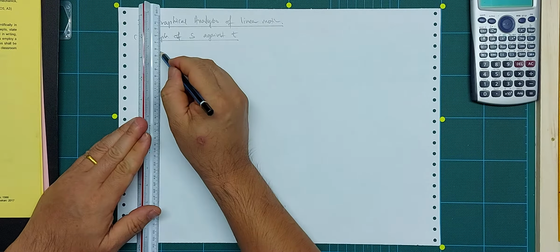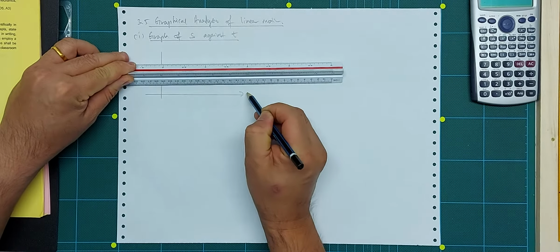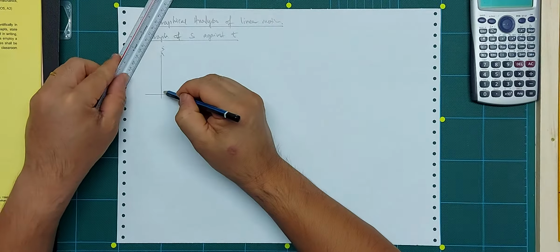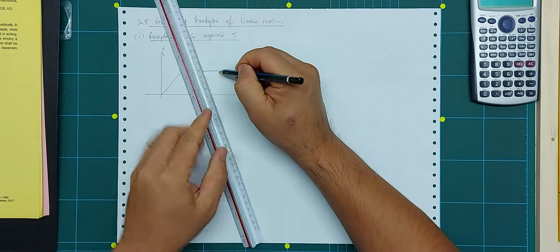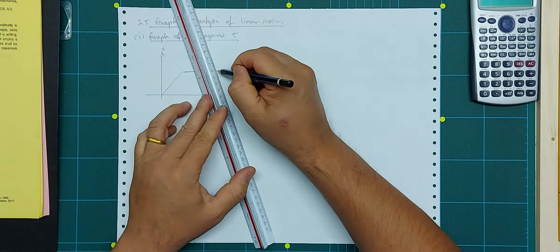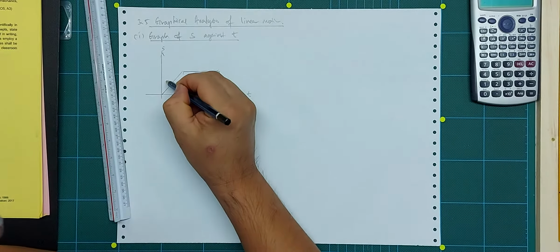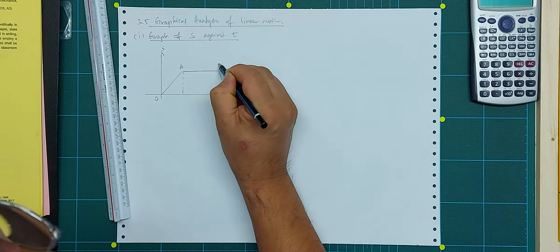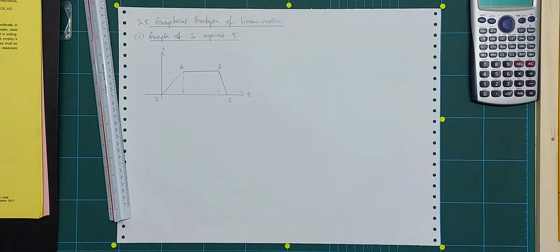If you draw a graph something like this, displacement against time, you have three parts of the graph, from zero, O origin, to A, to B, B to C.